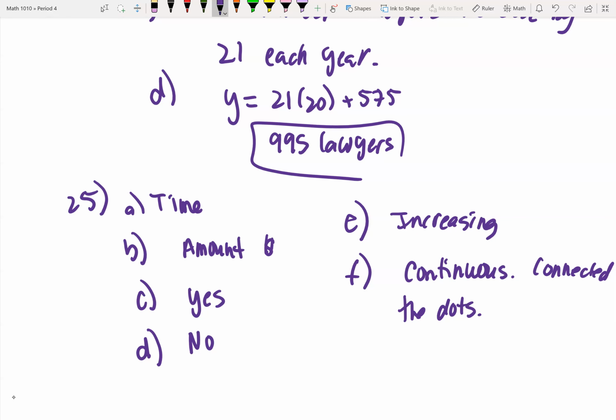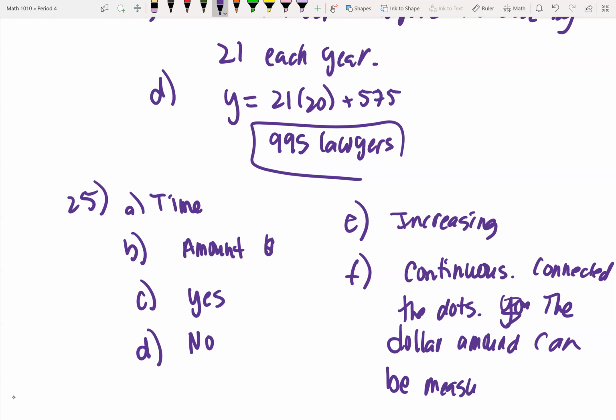And if you think about X standing for time in years, the dollar amount can be measured between years.